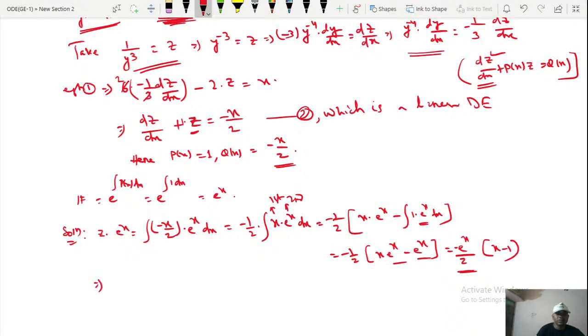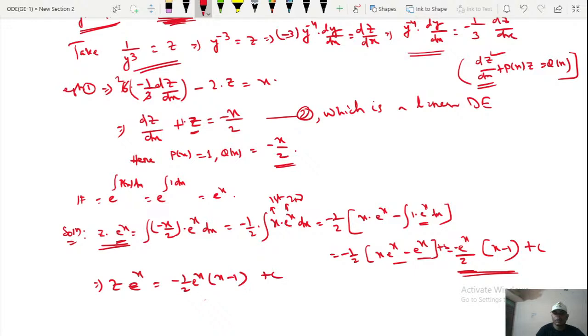So z into e to the power x is your minus half e to the power x whole into x minus 1 plus c.